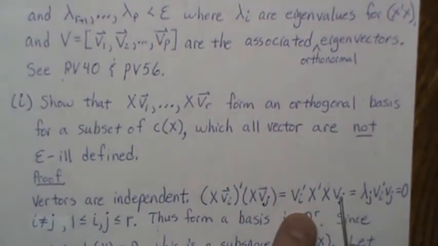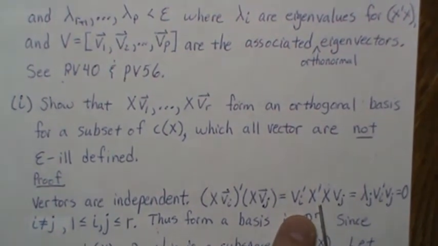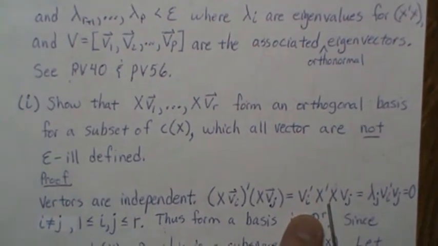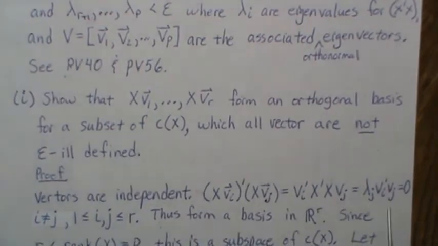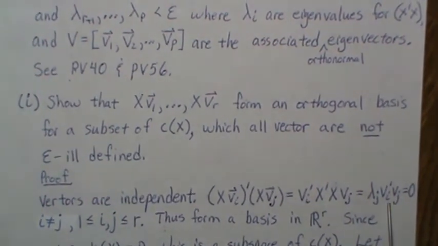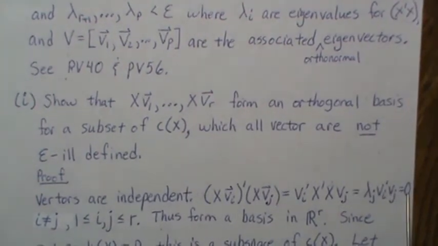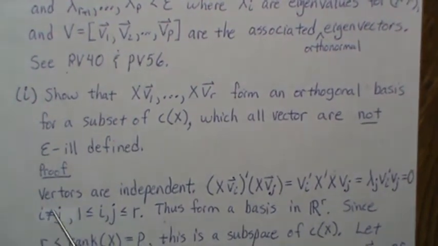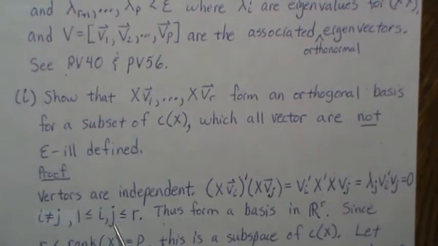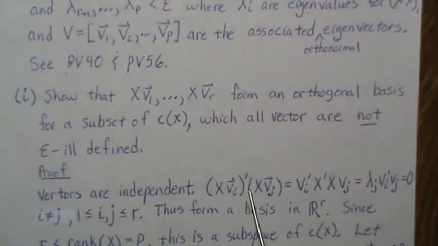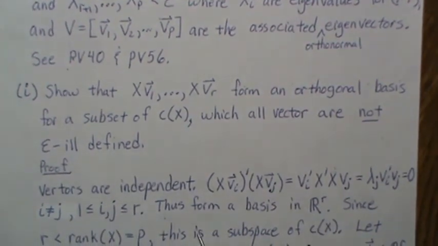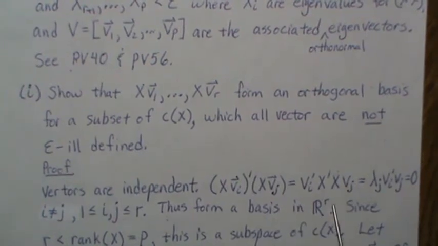But V is an eigenvector for X transpose X, so we can replace it by the eigenvalue and eigenvector, which is what this is. And then if i and j are not the same, since they're orthonormal, that's 0. This is for i and j not equal, from 1 to r. So they are independent, and thus form a basis in R space.